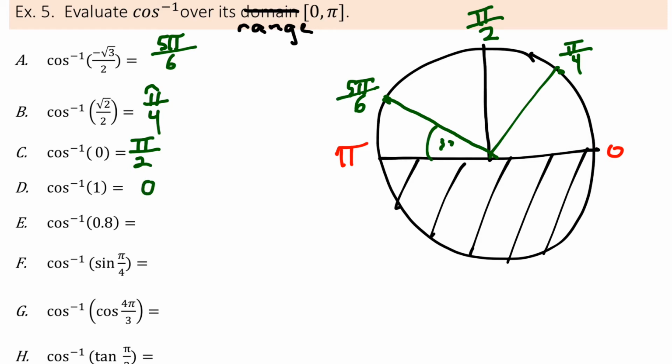All right, this one says the inverse cosine of 0.8. So we want the angle whose cosine is 0.8. So we can either do it in degrees or radians. So let's go ahead and do it in radians this time. So I got 0.644 radians.